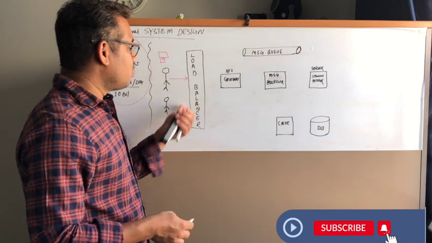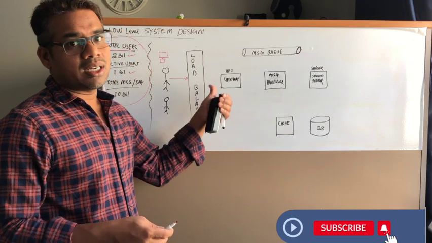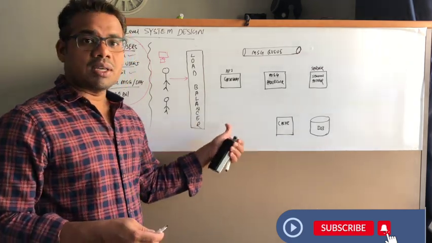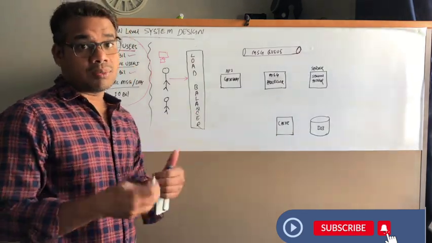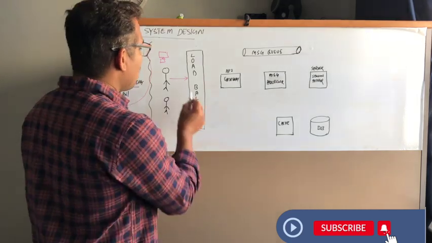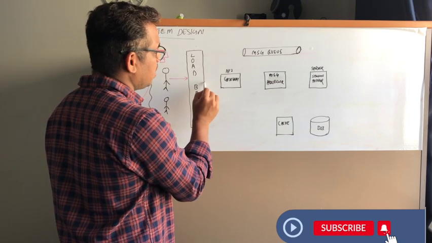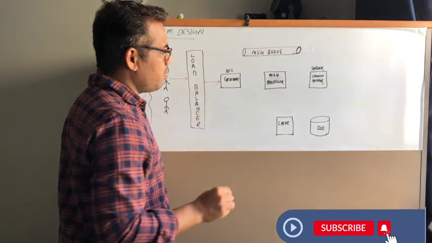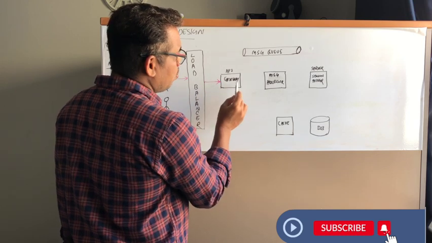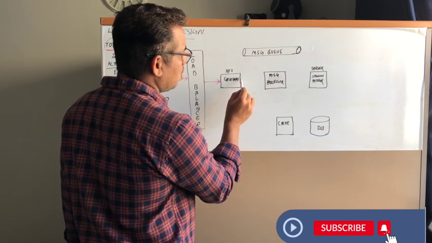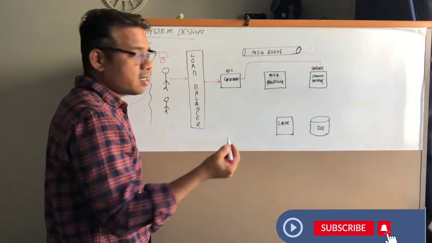So for that we have to have the load balancer, so that it takes care of the requests and splits them across the different servers available behind the load balancer for the actual data processing, or message processing. Once the request comes in, the load balancer will decide where to send it, and it will then go through the API gateway. The API gateway will send a request to the server to initiate a session.